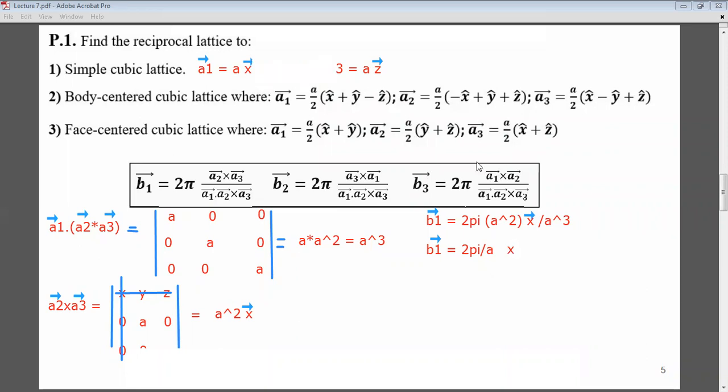I hope by now you remember how you do the dot product and cross product, because in this chapter, you're going to be using it a lot, okay? So by this, we got B1. I leave it for you.